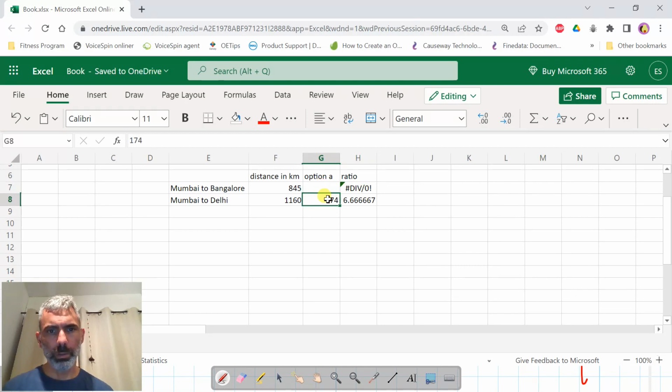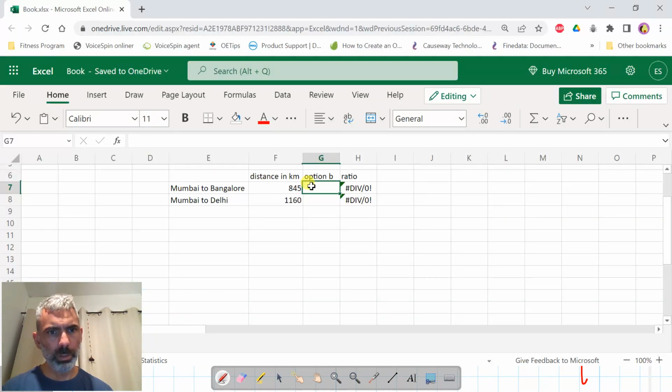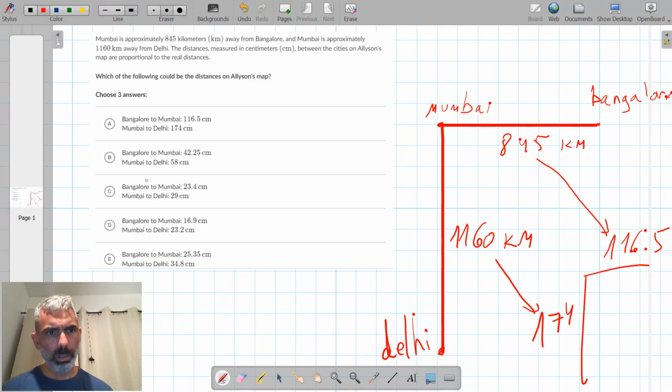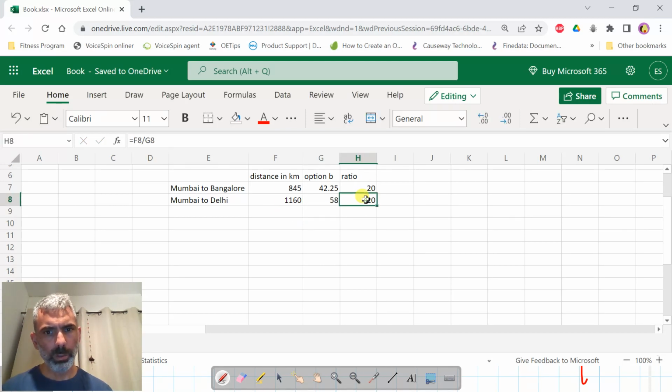Okay. Option B. Option B, we have Bangalore to Mumbai 42.25 centimeters and Mumbai to Delhi 58 centimeters. Okay, so here we have the same ratio.